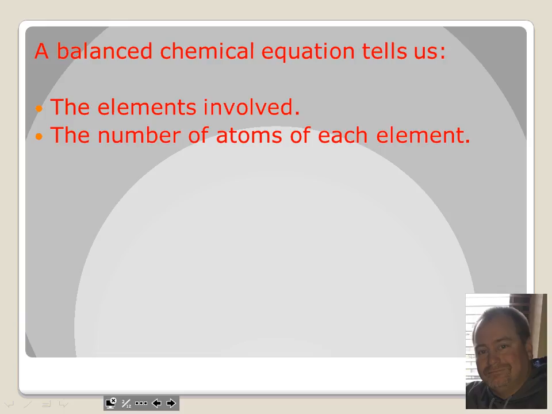A balanced chemical reaction tells us the moles involved in that reaction. It can tell us the mass, if we use our periodic table to look up the molar masses of the elements.